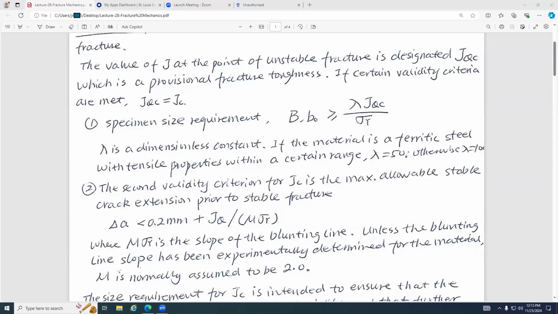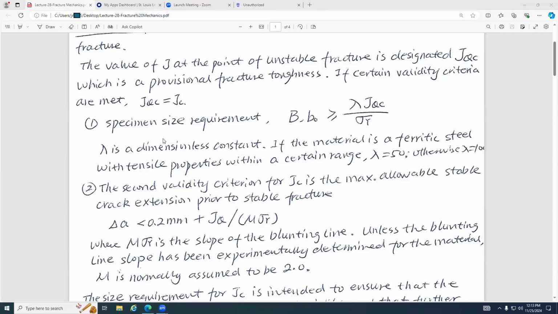It is half of the sum of the yield strength and the ultimate strength. M is the slope of the blunting line. Unless the blunting line slope has been experimentally determined for the material, M is normally assumed to be 2.0. So it is 2.0.